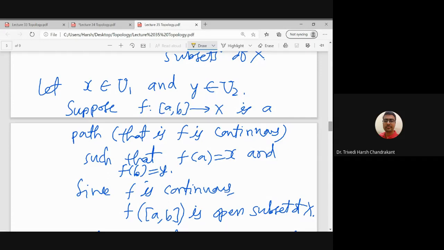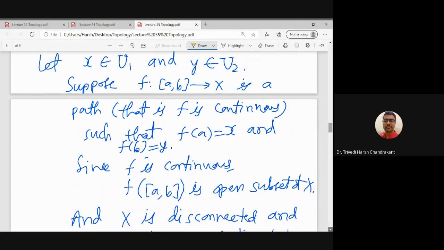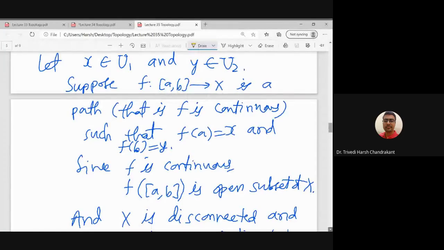So here f is a continuous function, and the closed interval a, b is connected, so that will give us f of the closed interval a, b is connected. So f of the closed interval a, b is a connected subset of X.